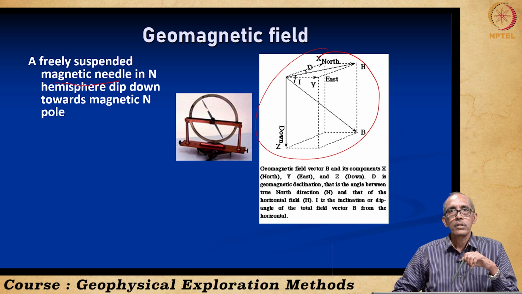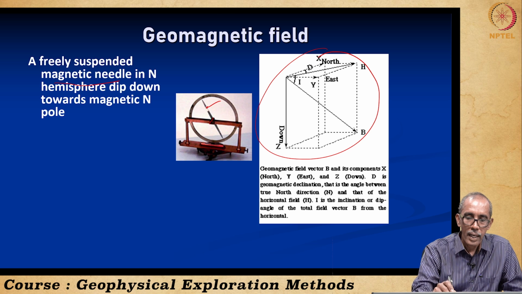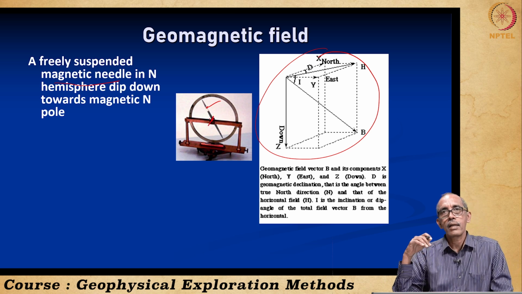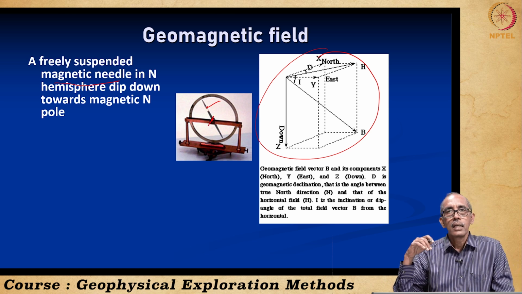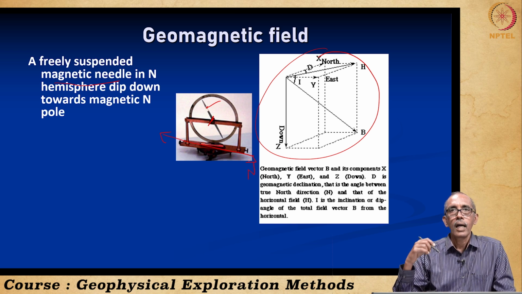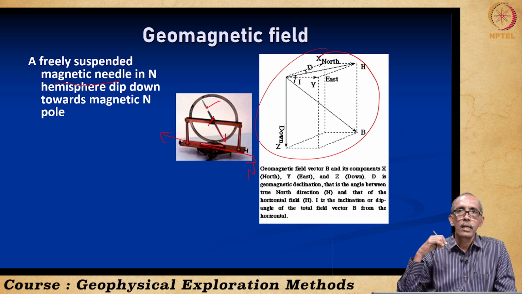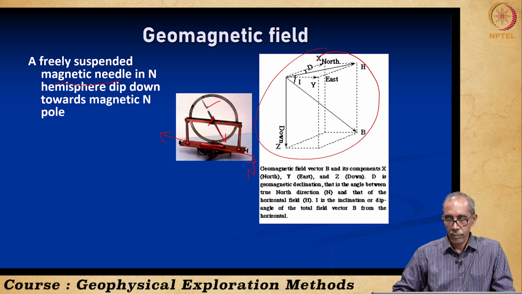If you consider this as a magnetic needle on an axis horizontal to the earth's surface, oriented north-south, and this instrument is kept in the northern hemisphere, it will point downwards in the north.